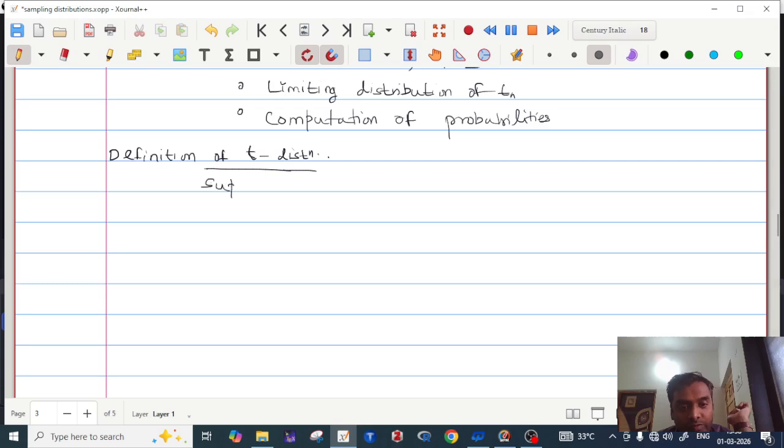Suppose U follows normal 0 comma 1, V follows chi-square with n degrees of freedom, and U and V are independently distributed.